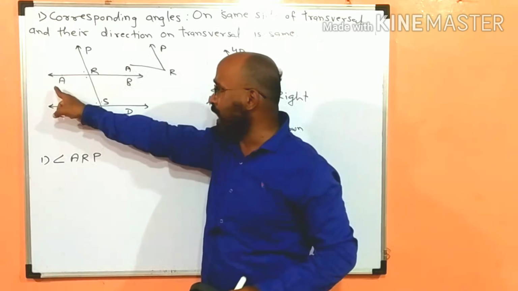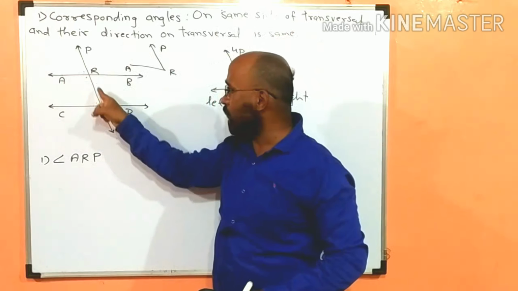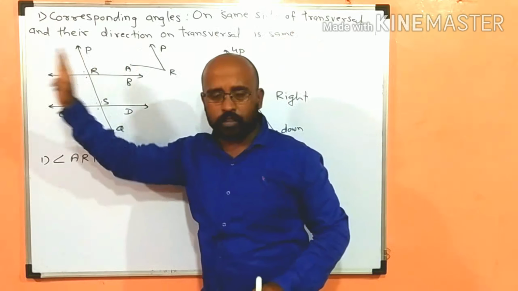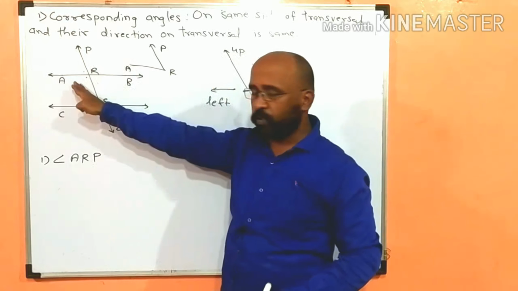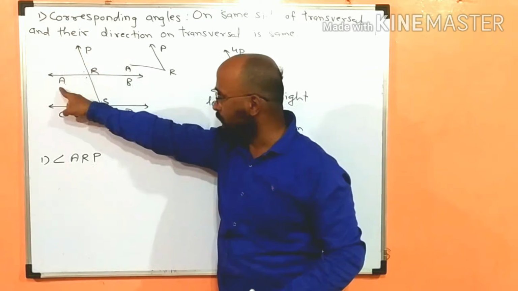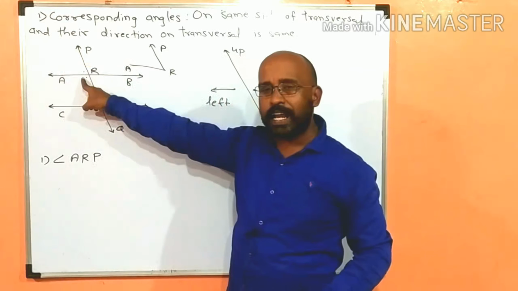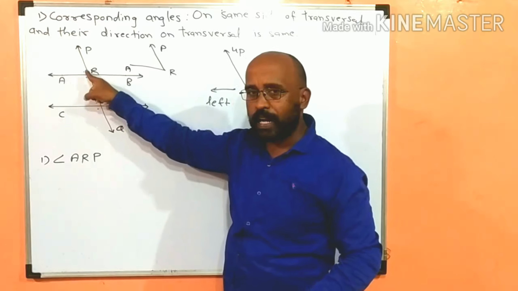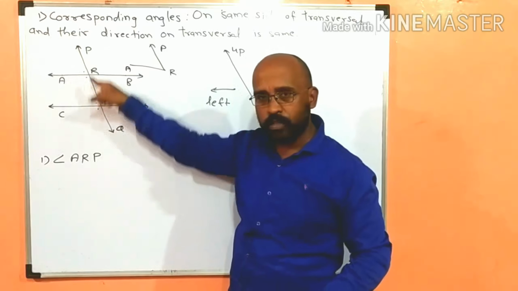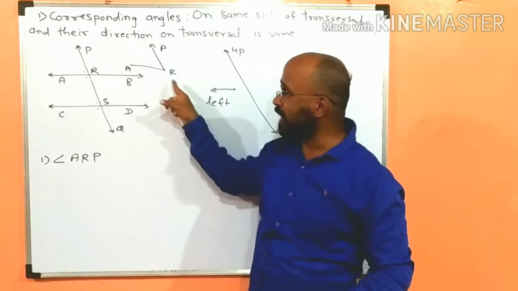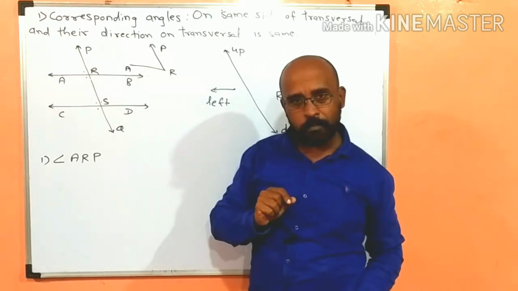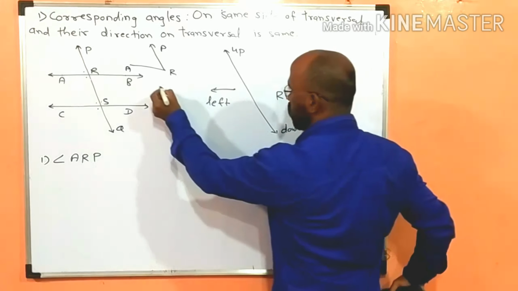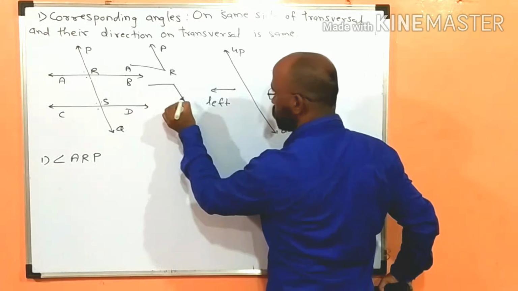If we talk about angle ARS, definitely it is on the left hand side. So it is a potential corresponding angle of this. But ARS, what is its direction on transversal? ARS has two arms, AR and RS. So where is RS going? Towards down. So are their direction on transversal same? Definitely not.